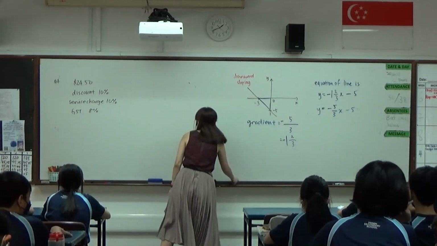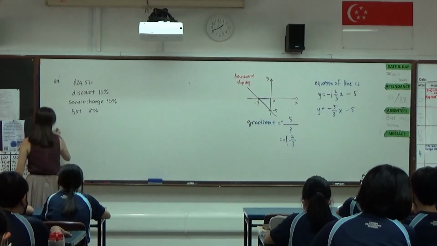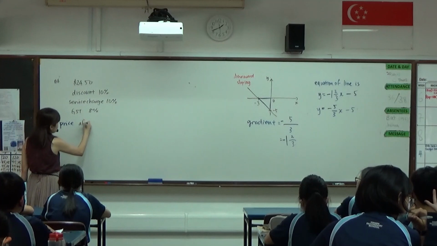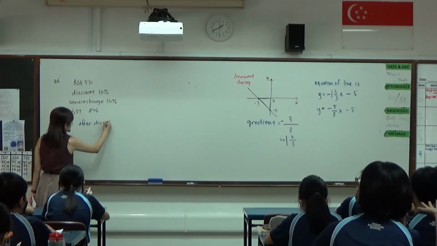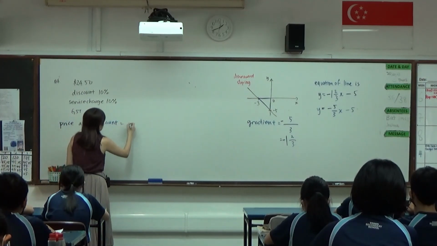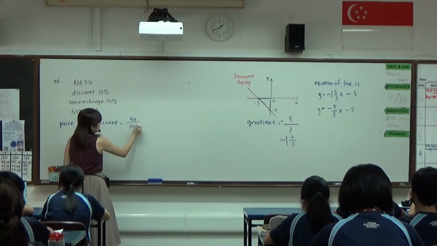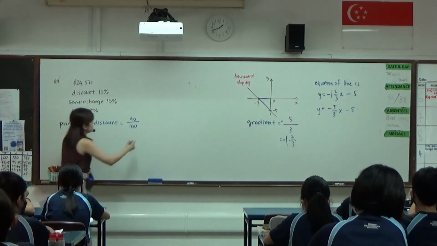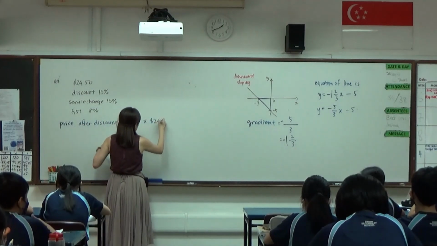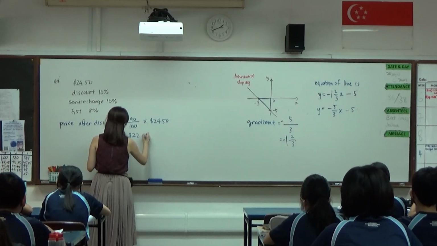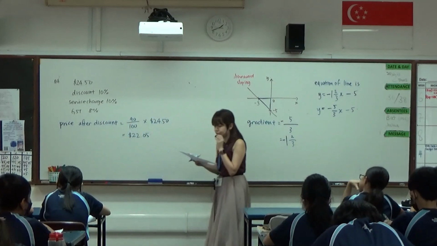So if you want to count it separately, you will first find the price after discount, which is 90% left times your $24.50. That will be $22.05.